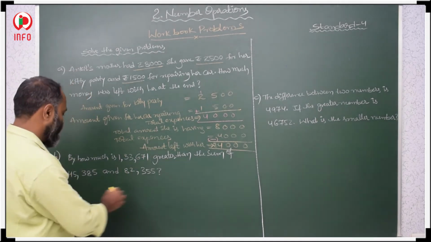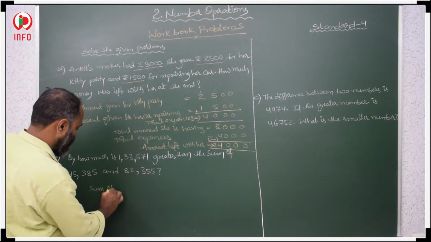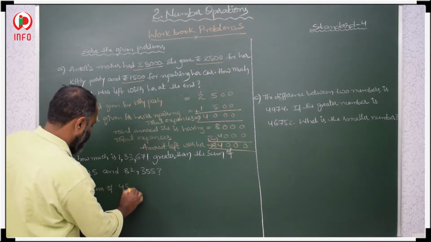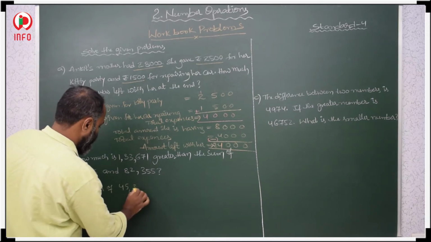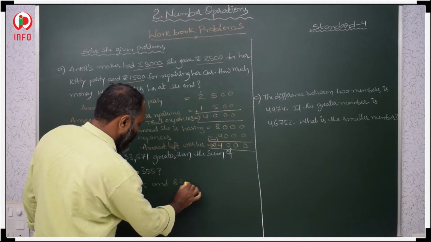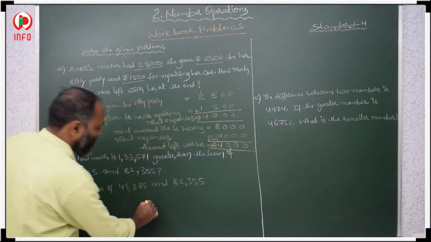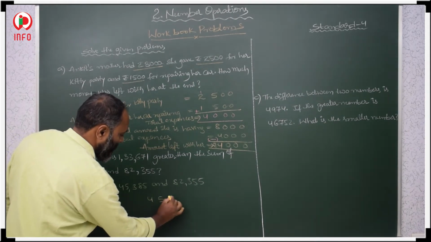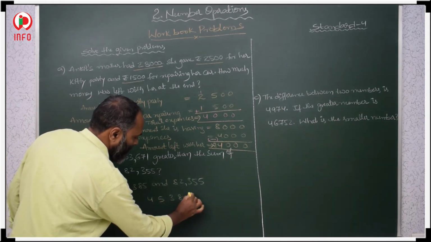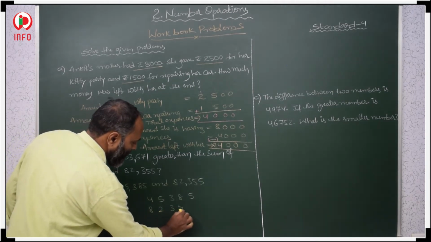First, the sum of 45,385 and 82,355. Now we find the sum. 45,385, 82,355.